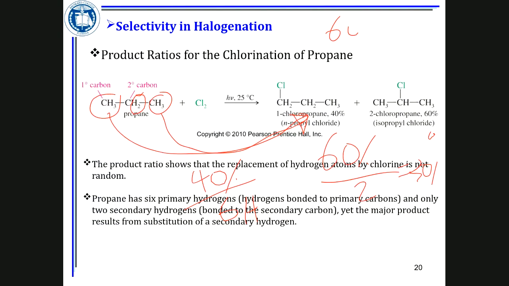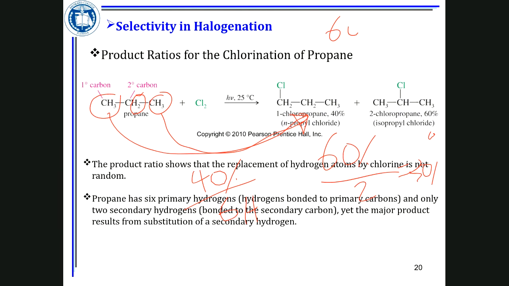The main idea is to understand that the secondary hydrogen is more reactive, or the secondary free radical is more stable than primary. This is the whole idea.